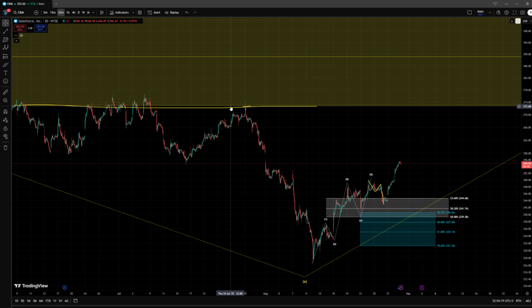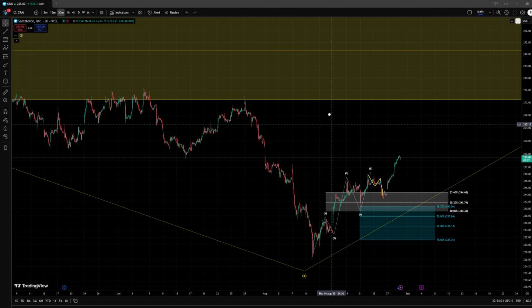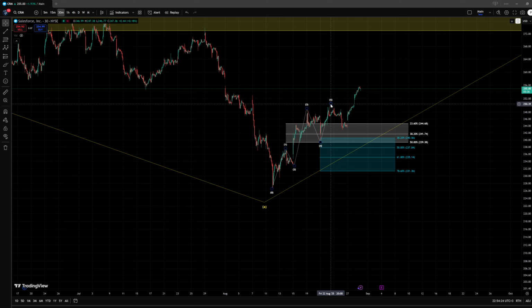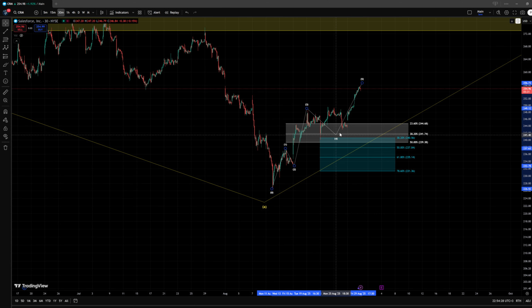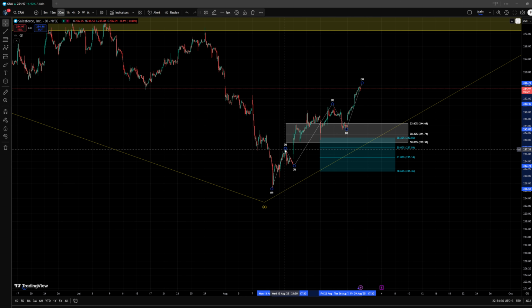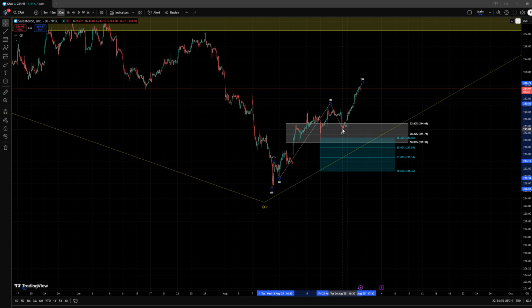And another interpretation would actually be that this movement to the upside hasn't yet finished, and that it could be something like this instead, or maybe this was a wave 1, this was a wave 2, the third wave topped here, this was the fourth wave, and now a last extension in the fifth wave.